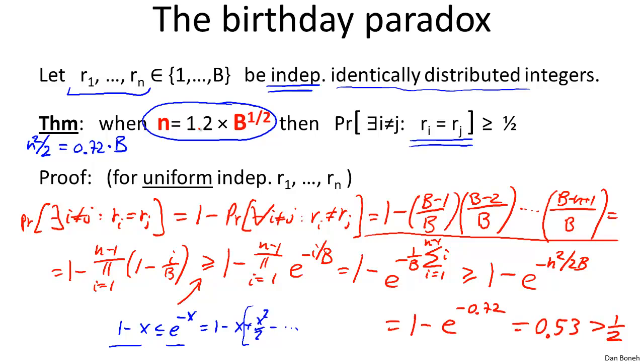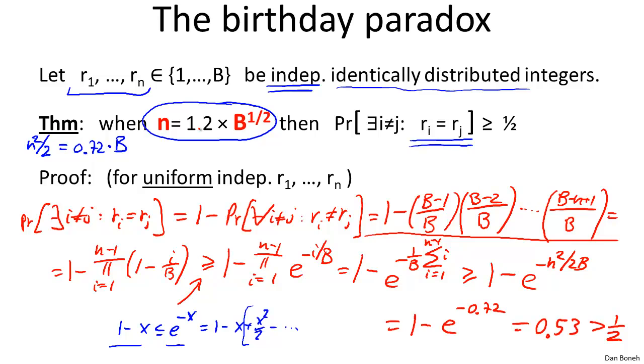The reason it's called a paradox is because it's very paradoxical that the square root function grows very slowly. In particular, if you try to apply this to birth dates, let's assume that we have a number of people in a room, and let's assume that their birth dates are independent of one another and are uniform in the interval 1 to 365.